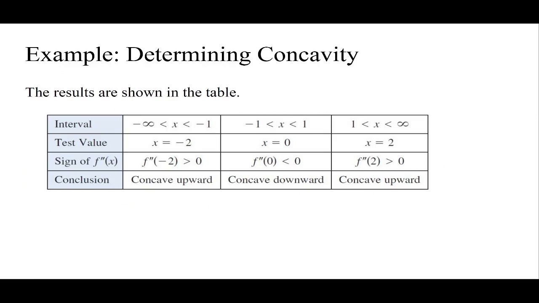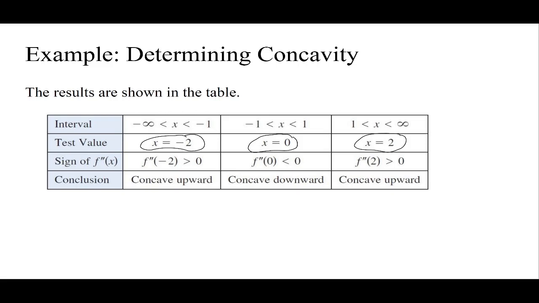So from the first interval, we're going to pick x equal to negative 2. From the second interval, we're going to pick x equal to 0. And from the third interval, we're going to pick x equal to 2. This testing value could be anything from that interval, okay? It's not an exact value you need to pick. You can pick anything from here, but be smart and pick one that gives you a simple calculation.